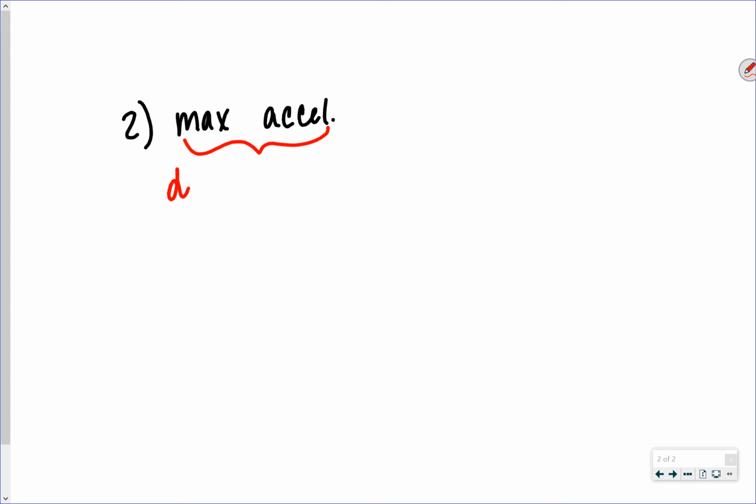Number 2. Number 2 says, the maximum acceleration. So first of all, if I am going to try to maximize acceleration, I need to derive acceleration. There's no way to find the maximum of it without deriving it. I was given an interval between 0 and 3, and then I was given a velocity.